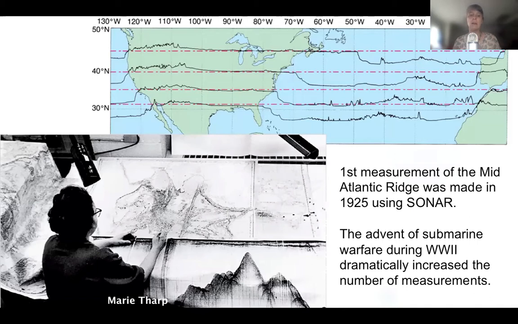And there was one person who was key in taking all these records and producing a map from them. So by the 1920s, we had enough sonar to know that there was some kind of large object in the middle of the Atlantic Ocean, but it took a woman known as Marie Tharp to actually map this out and show us what it is.